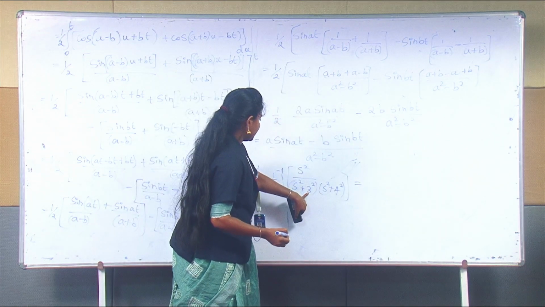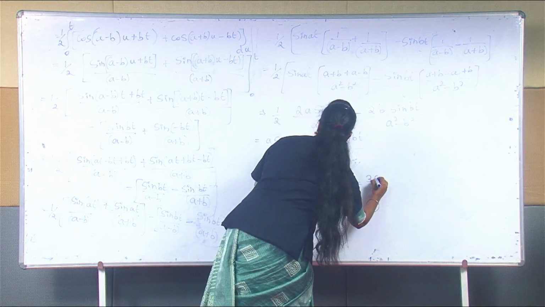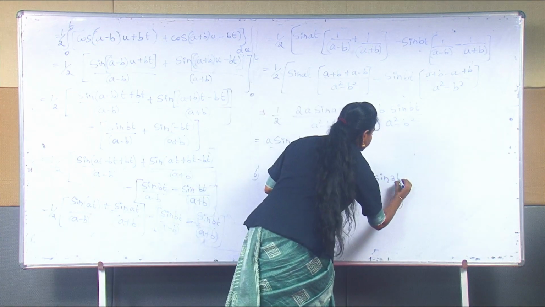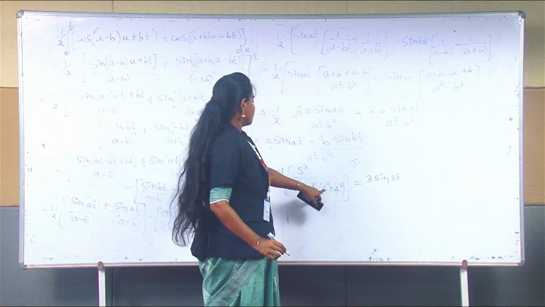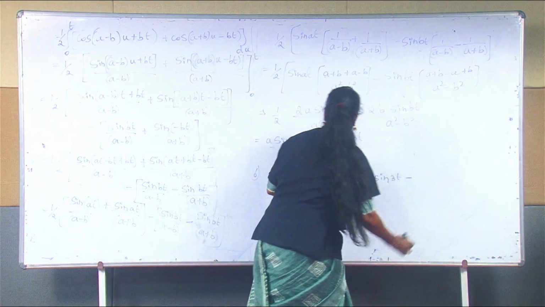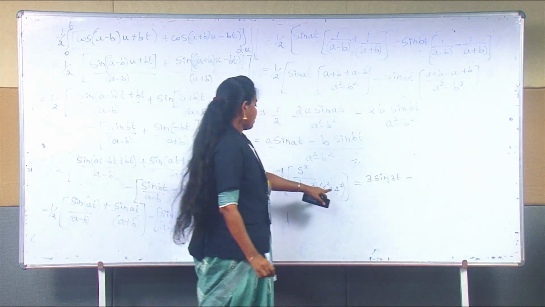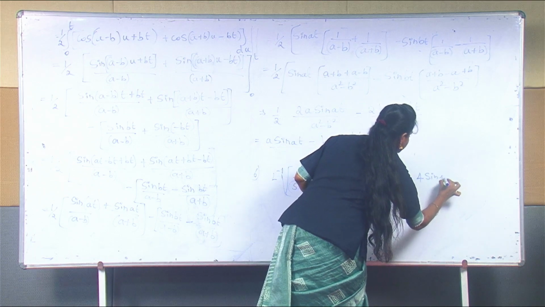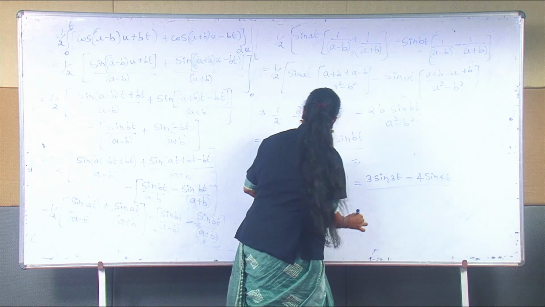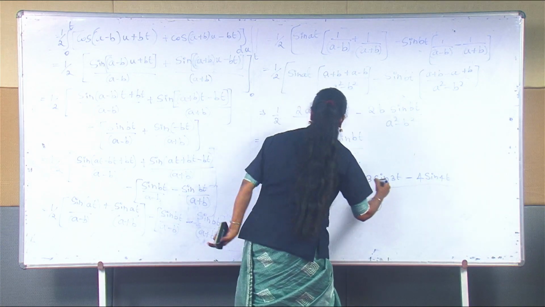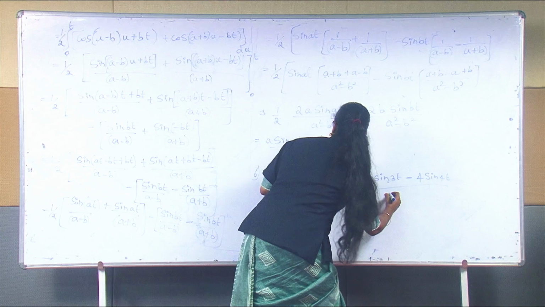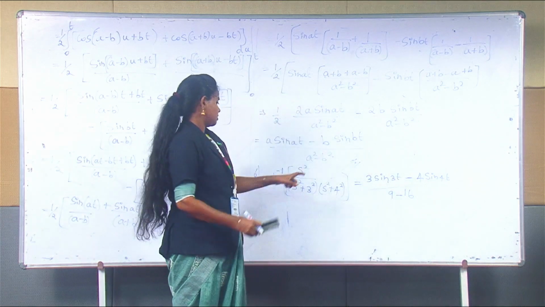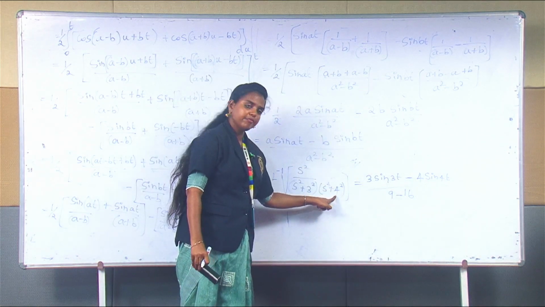(a sine at minus b sine bt) divided by (a square minus b square), where a is 3 here and b is 4 here.